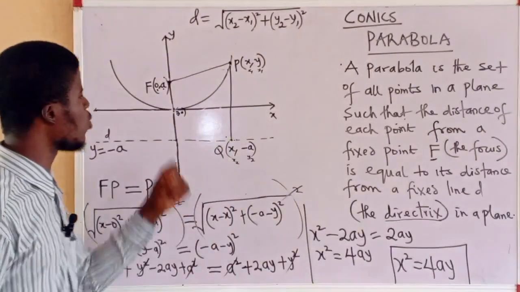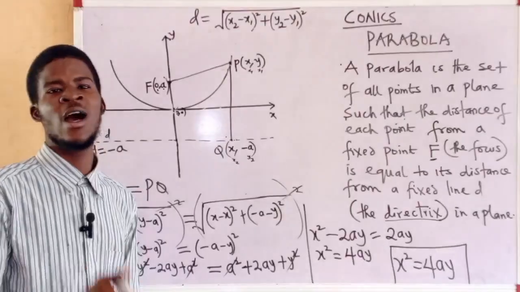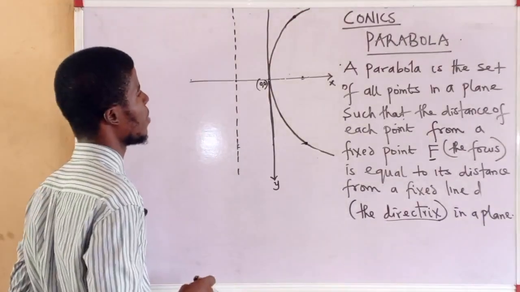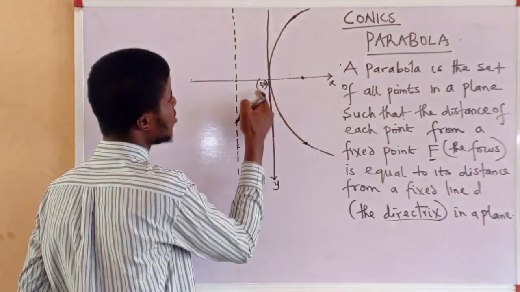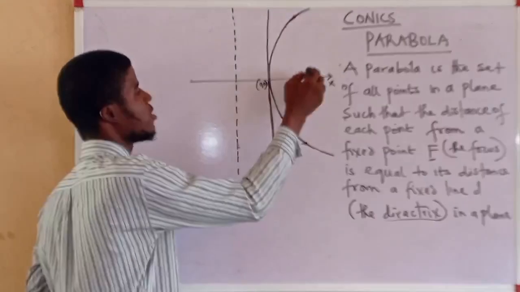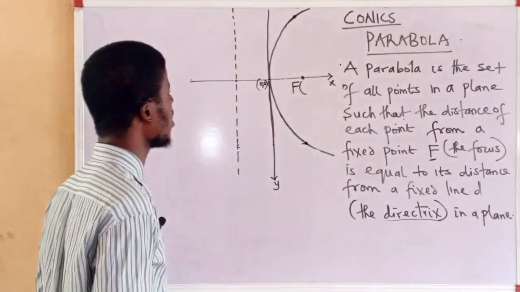Now, what is the equation of a parabola where the x-axis is the axis of symmetry? Let us define the coordinates of the focus. Let this be the focus, and this is the origin. At this point, x is not 0, but y is 0. Of course, y is 0.